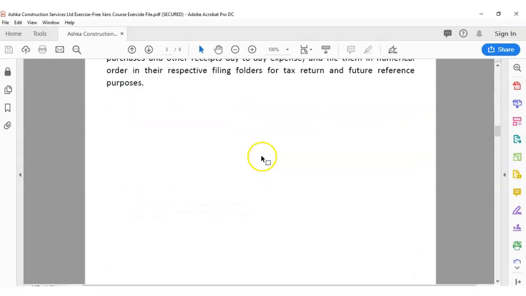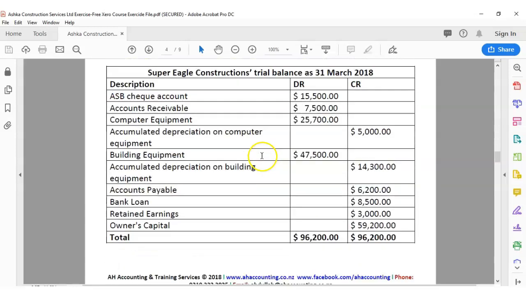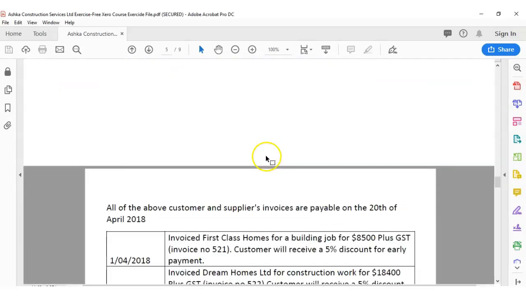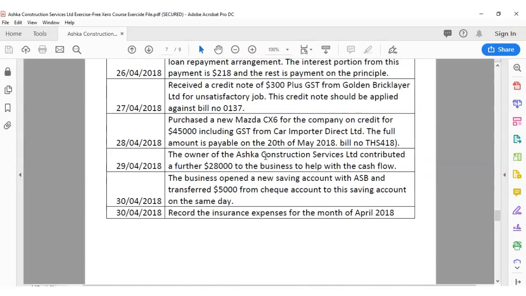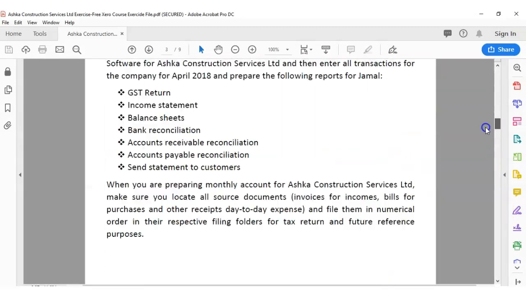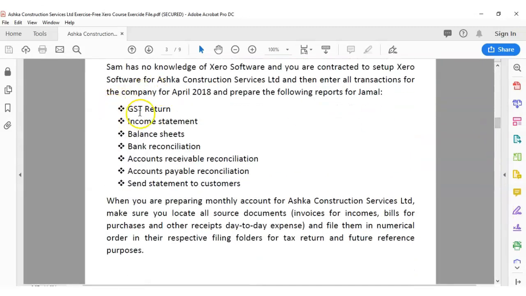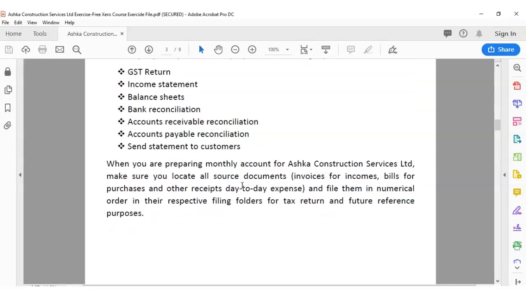So after you set up the company file and entered all these transactions for the month of April, then you need to be able to prepare these reports: GST return, income statement, balance sheet, bank reconciliation, accounts receivable reconciliation report, accounts payable reconciliation report, and also be able to send monthly statements to customers with outstanding balances.